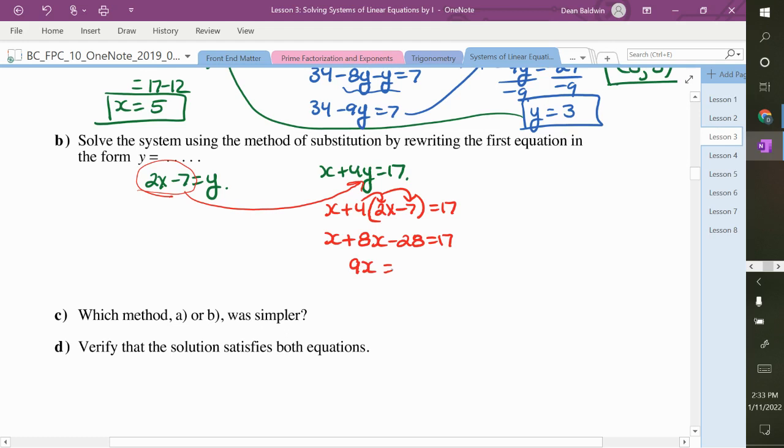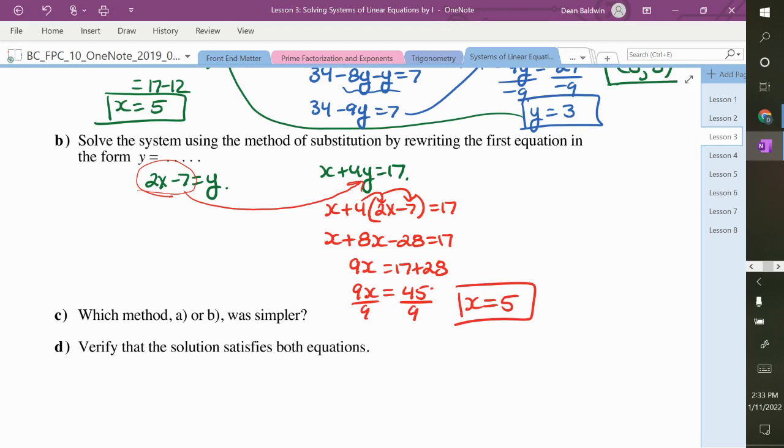Move the 28 over, so I get 17 plus 28. What's 17 plus 28? 45. So if you divide off the 9, you get x is equal to 5, which matches the one up there. So we know we did it right, or we hope we did.